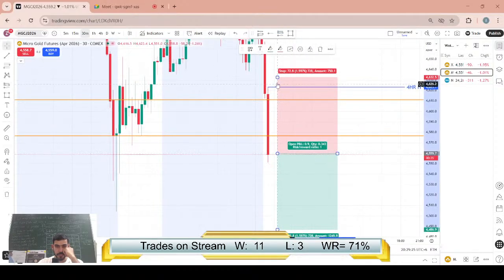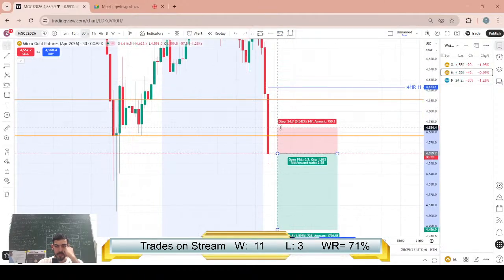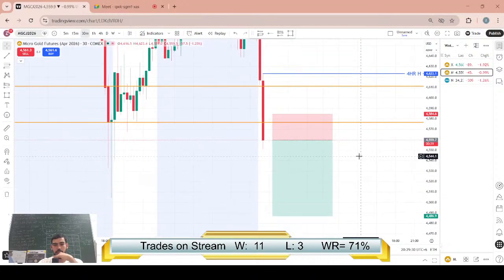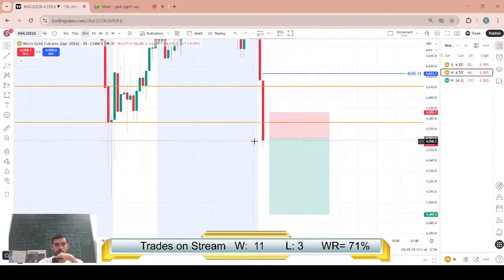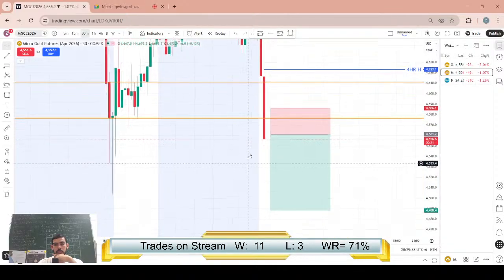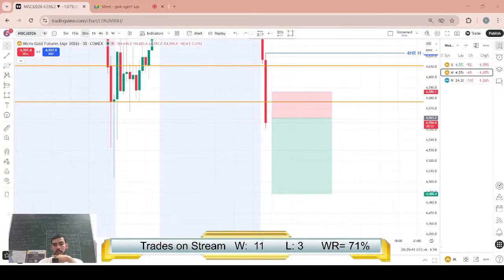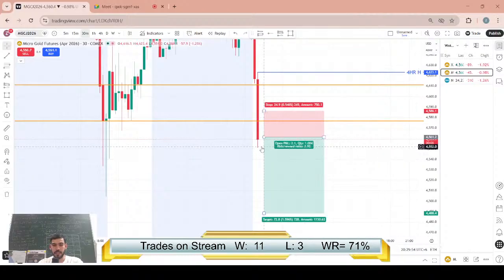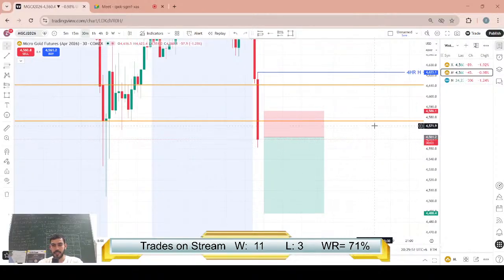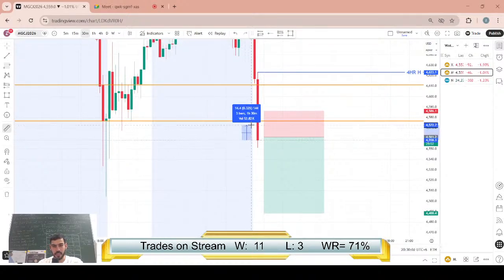So let's see. We want it to leave us a top wick. I mean, a bottom wick, like a wick to fill at least. Not like that. If it closed like that, I don't think there is a chance that we can take anything. Alright, 10 seconds. 9, 7, 6, 4, 3, 2, 1. Okay, now can it create a nice top wick?